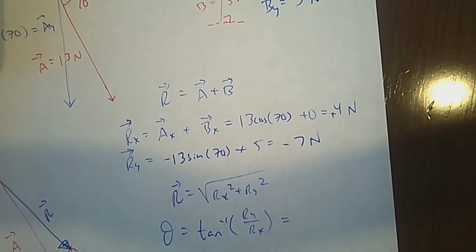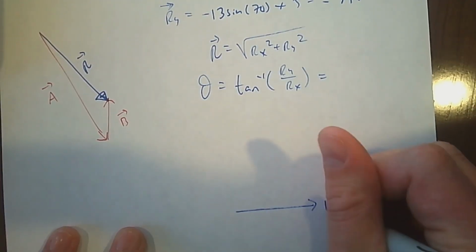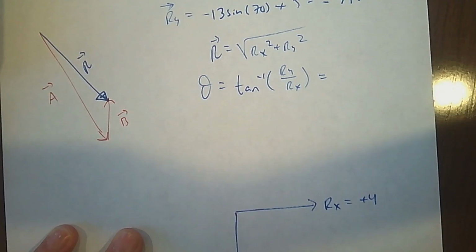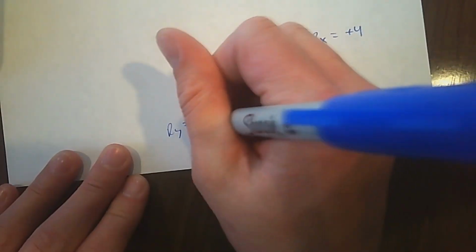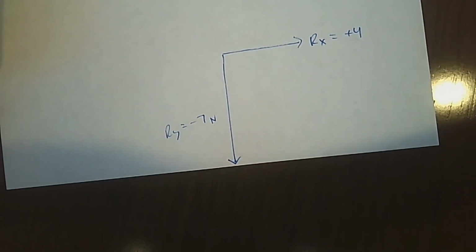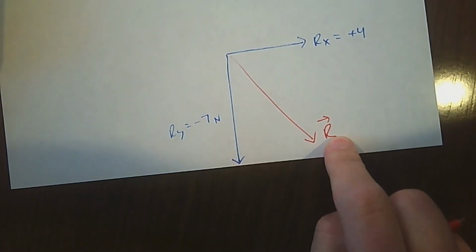Because my x component is positive 4, and my y component is negative 7, then the resultant should look like that.